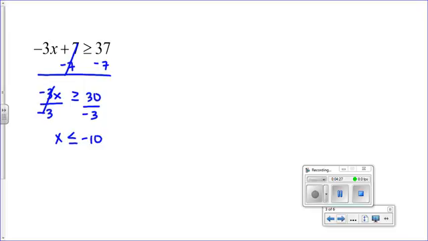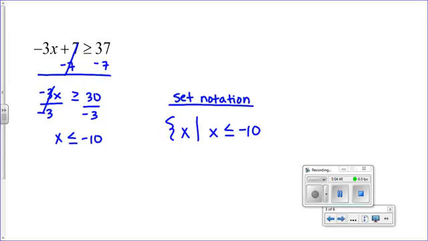Okay, so let me do set notation because that's based on my solution here. So I have x such that x is less than or equal to negative 10.